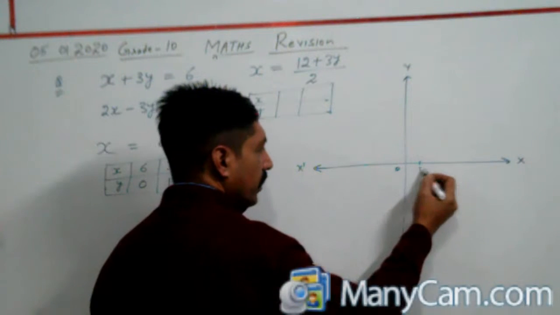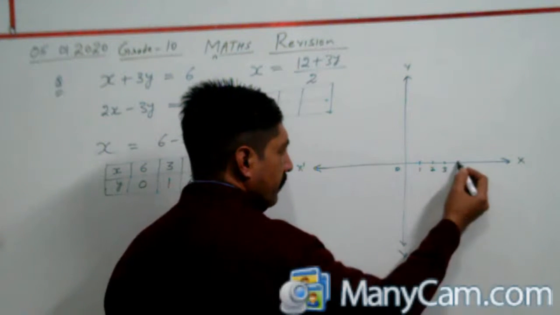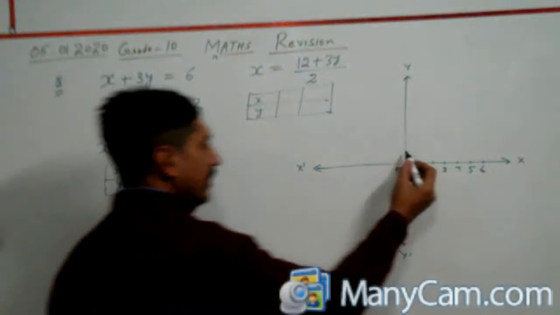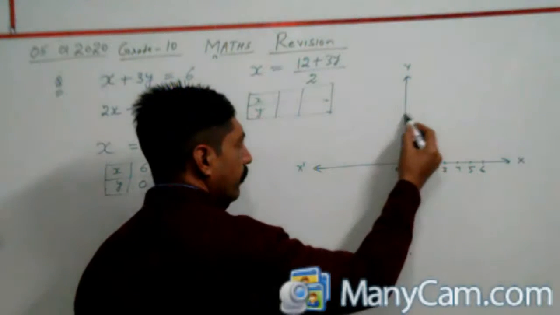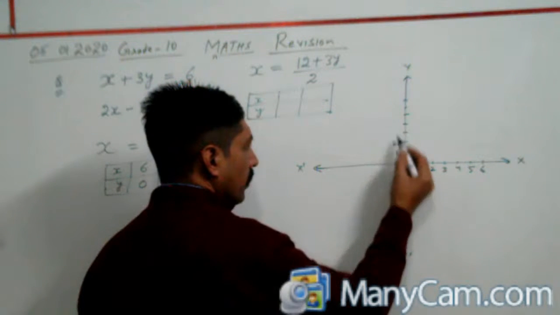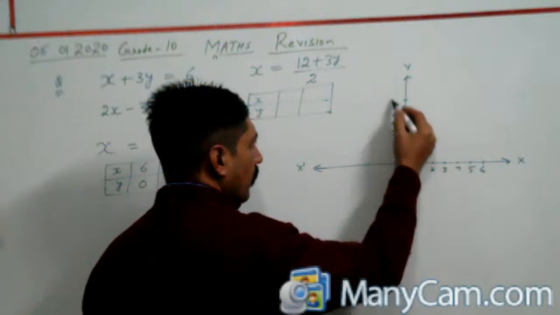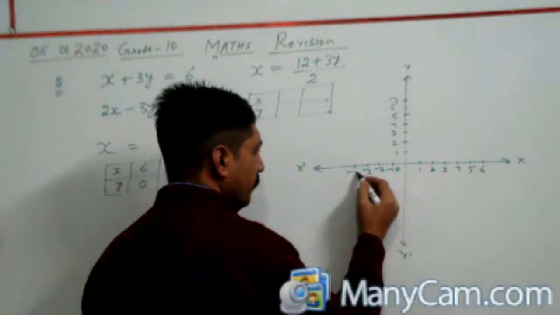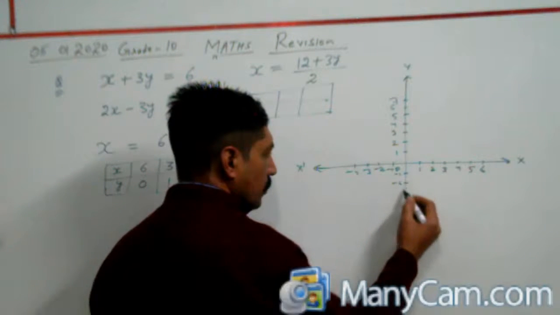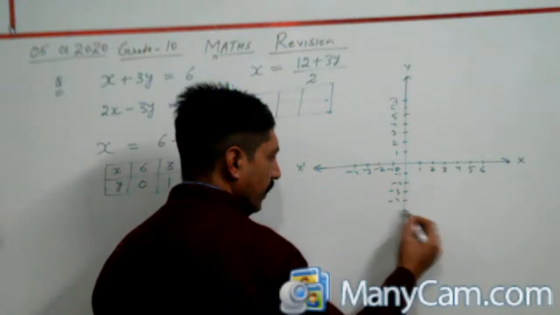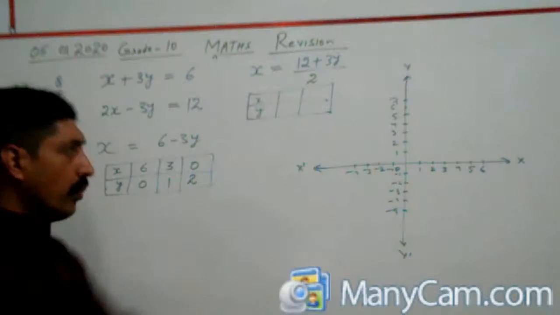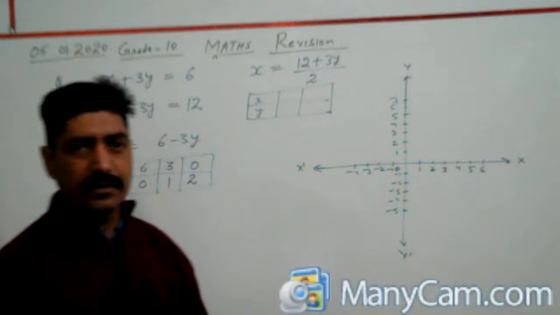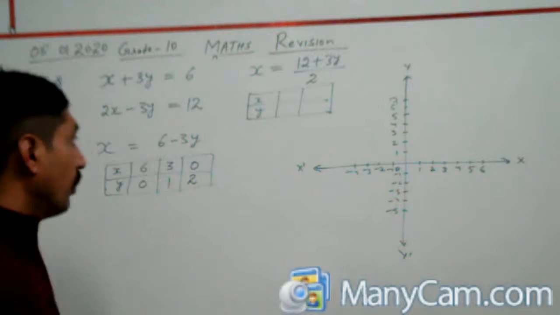From 0 we have 1, 2, 3, 4, 5, 6, 7 and so on, and in the same way the negative values -1, -2, -3, -4, -5 and so on. There are 4 quadrants: first, second, third and fourth. So we will plot these two equations.